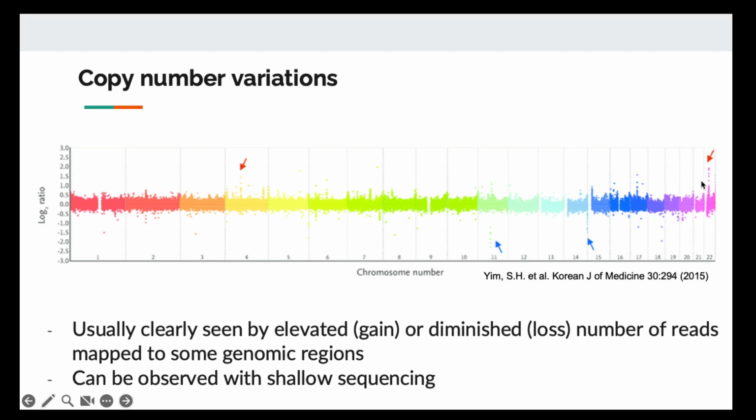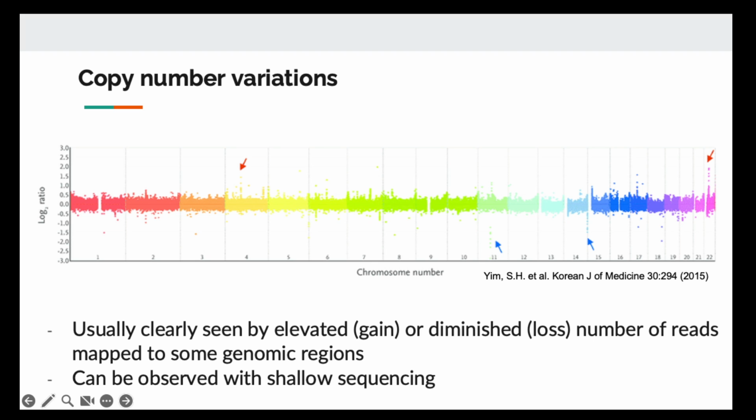And if you have a cancer patient and you are not sure if that person has extra copies of some chromosome or not, the y-axis here, you plot the read count that you get from that patient versus a healthy control. If the number of reads is much higher in the patient, then your scatter plot is going to go above the middle.